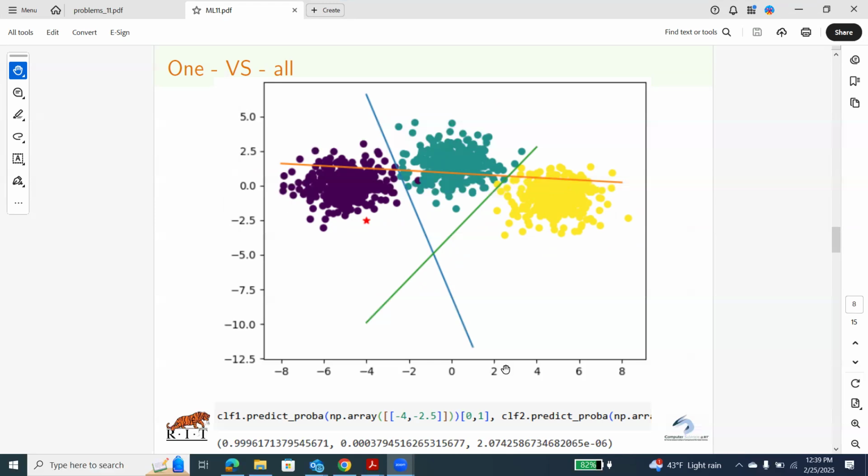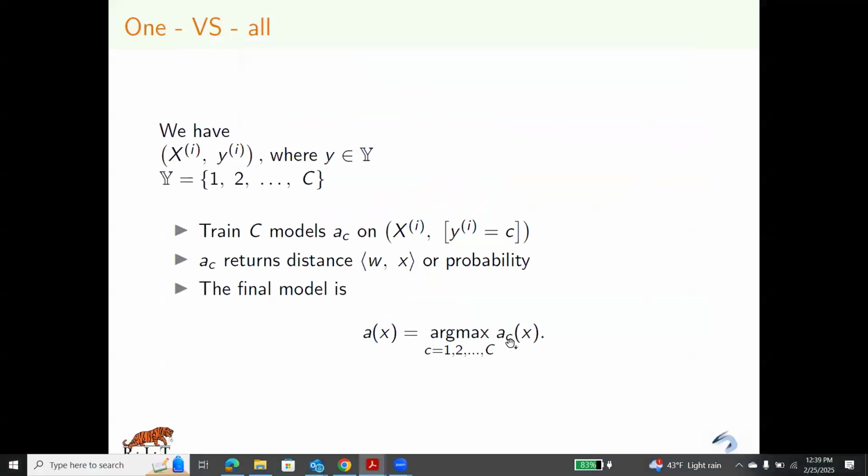And here is the formula. Now you will understand it better. For each class C, we build a linear classifier, or maybe not linear, just some classifier.